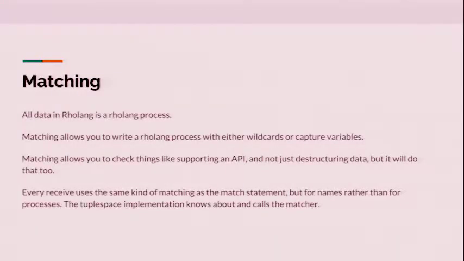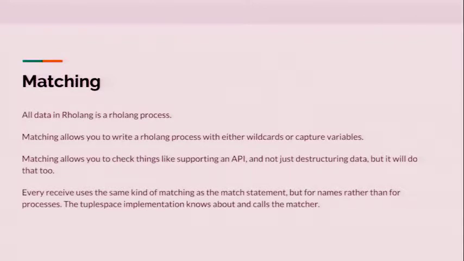All right. This is my favorite part because what goes on with the matcher is really cool. So all data in Rholang is a Rholang process. That includes things like integers, strings, URIs, and code. Most of the things that you want to compute on are what we're going to call ground processes.